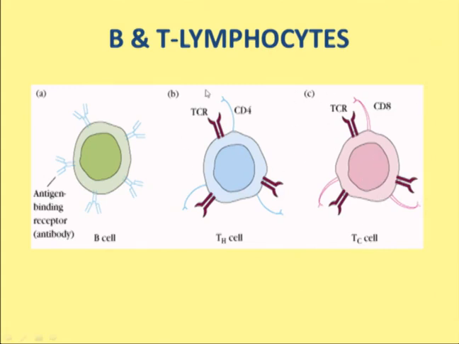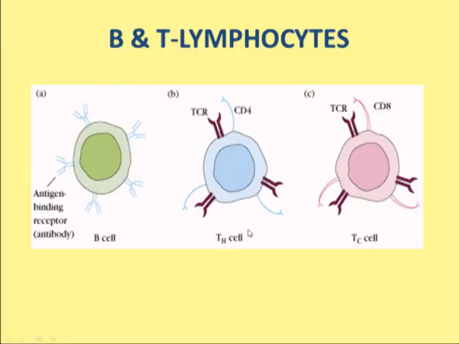Besides that, TCR is common. The T helper cells are MHC class II restricted, that is they will interact with the antigen only when the antigenic peptide is bound with an MHC class II molecule, whereas TC cells will interact with the antigenic peptide when it is bound with an MHC class I molecule.